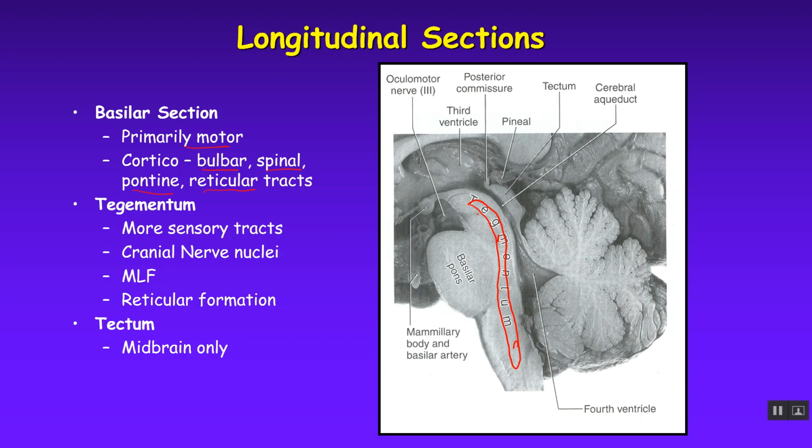And then lastly, for longitudinal sections, most posterior is just the tectum. This is the tectum, which is just that superior and inferior colliculus, and it's only in the midbrain. Tectum means roof, so it's forming a roof over the midbrain. So those are the three longitudinal sections and what's primarily in those sections.